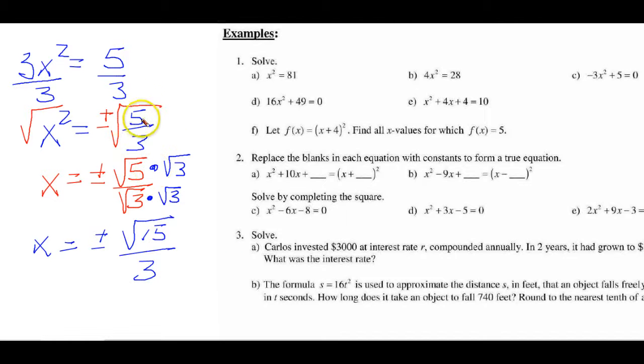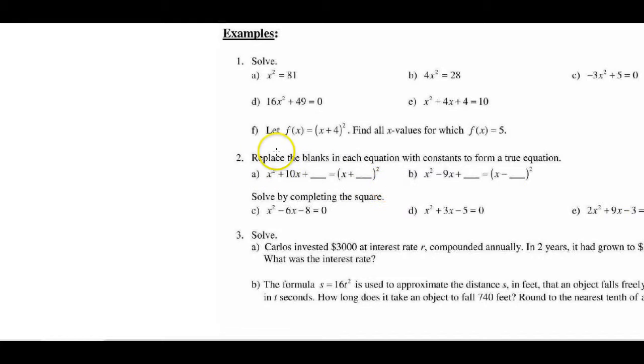Now, theoretically, this is correct, but it's not in an acceptable form. In order to get rid of that radical in the denominator, we have to rationalize the denominator, which is what we've done.